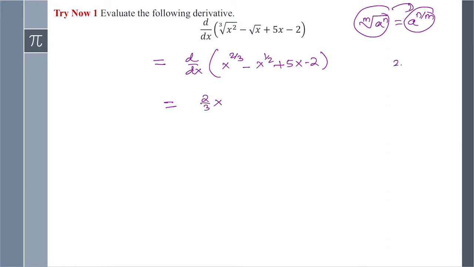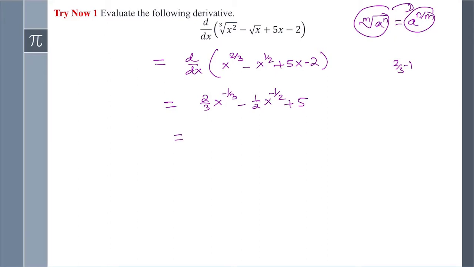now we have to do 2/3 minus 1, which is negative 1/3. Okay, so 2/3 minus 1 is negative 1/3. Minus, so 1 half x to the negative 1 half plus 5.